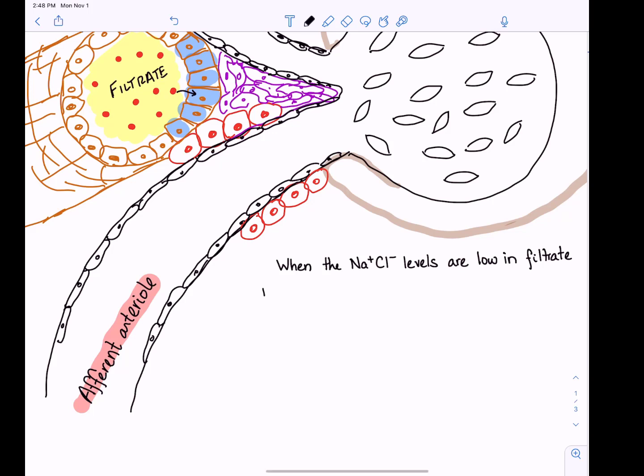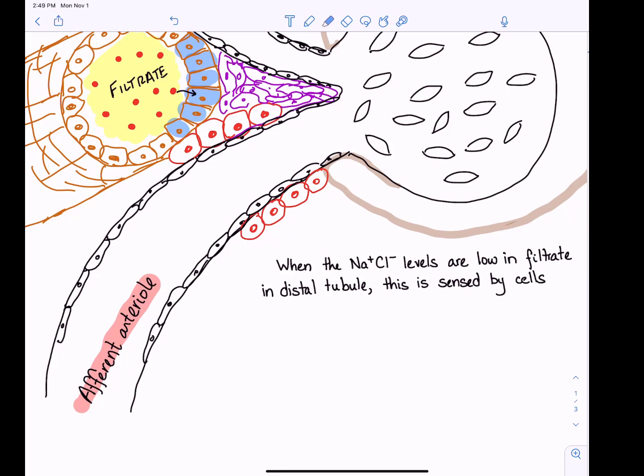What is the solution if there isn't enough sodium and chloride in the blood? Then we need to add more sodium and chloride, and we do that by increasing the reabsorption of sodium chloride in the distal tubule. In other words, we need aldosterone.